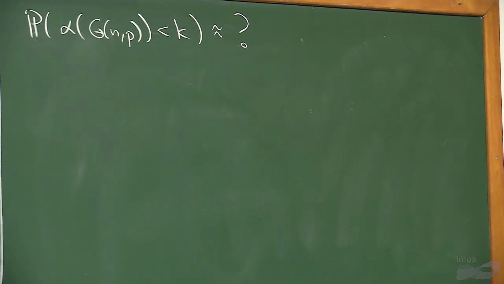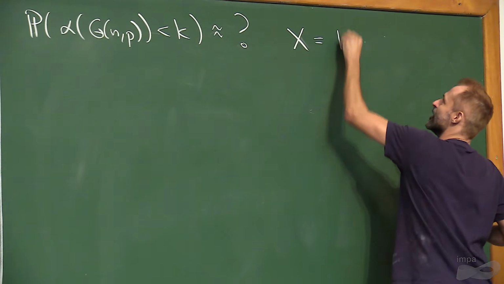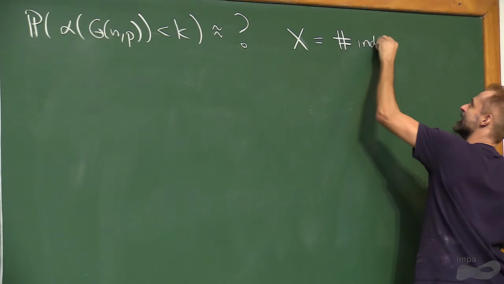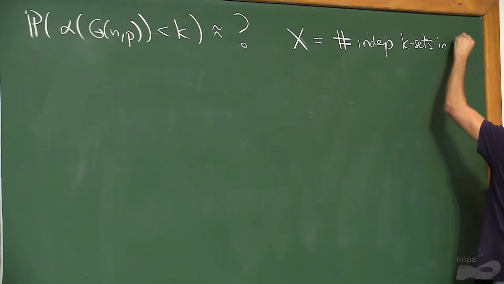Okay, so again, if I'd just given you this problem, what would you say? We'd like to know if there are 0 or at least 1 independent sets of size k. So x should be exactly the number of independent k-sets in G(n,p).